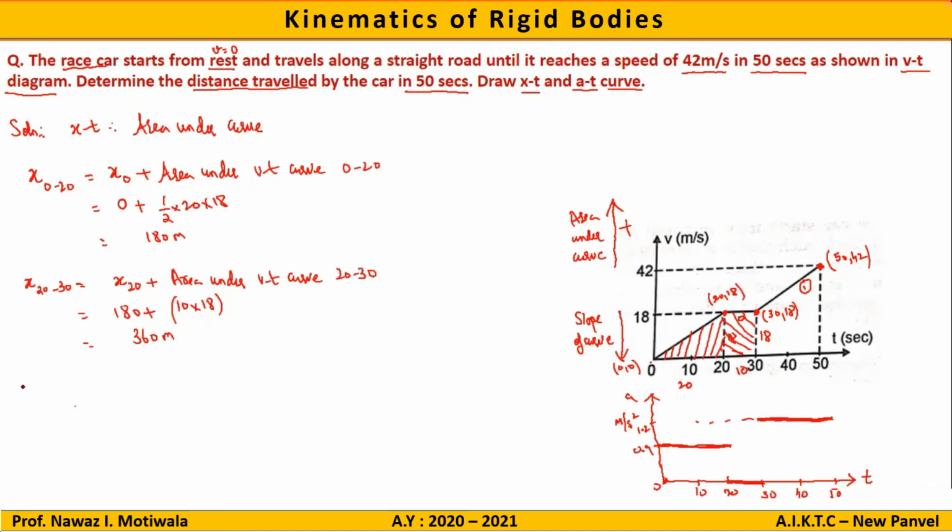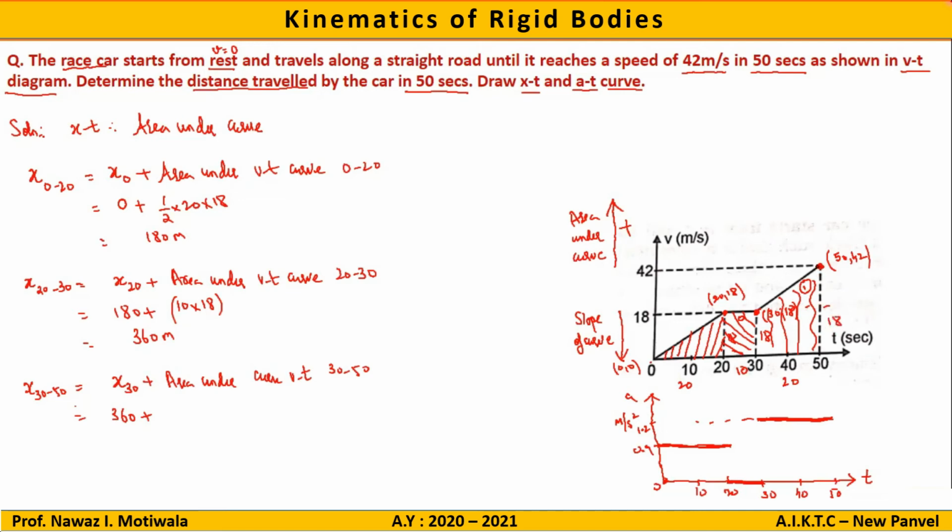Third part is displacement between 30 to 50. So what will I write? First the displacement till the 30th second, plus the area under the VT curve between 30 to 50. So x30 I already got as 360, plus the area under this curve. This entire area comprises a rectangle plus a triangle. The rectangle has a base of 20 and height of 18.